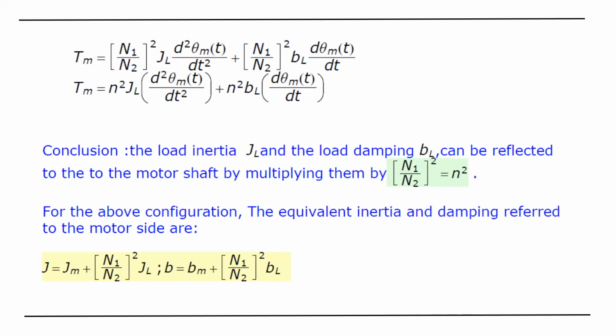If I don't have the load, then you consider this as 0, neglected, and the moment of inertia of the motor remains. I mean, the equivalent moment of inertia will be the moment of inertia of the motor itself. Any question here?